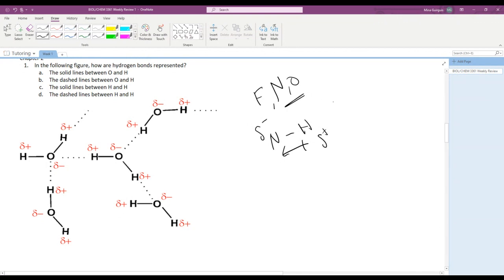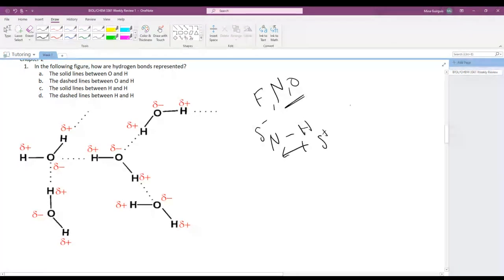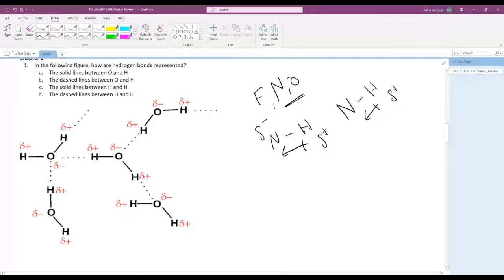Now when we put another one of these next to it, another nitrogen with a hydrogen, the same thing is happening, with this being partially positive and this being partially negative. So these relatively positive and negative charges interact with each other to form a hydrogen bond. Coming back to this question, the dashed lines between hydrogen and hydrogen, there aren't any. The solid lines between hydrogen and hydrogen, there aren't any.